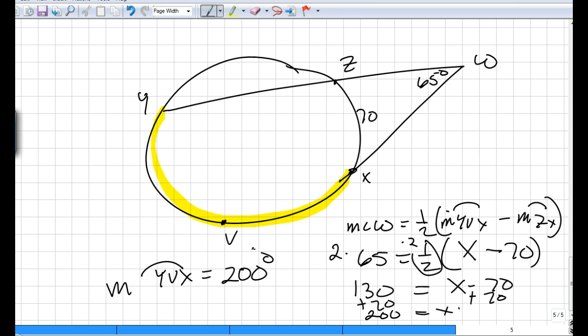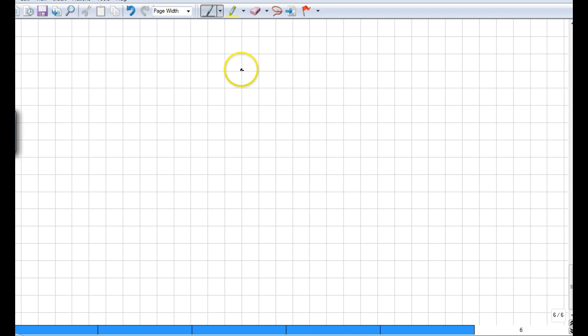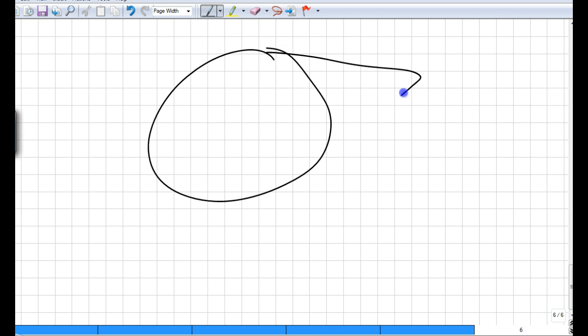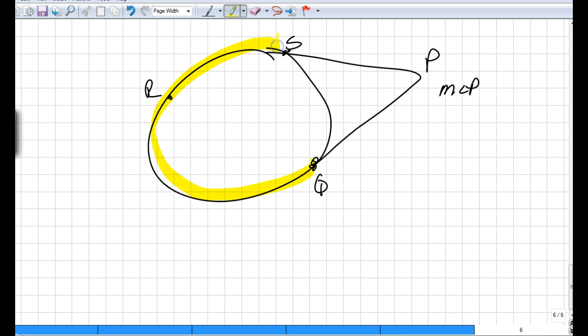Okay? And then the final example is if I have two tangents. Okay? So this is S, this is R, this is Q, and this is point P. And I want to know the measure of angle P. And so I know that arc QRS, which is this one, I know that one is 240 degrees.